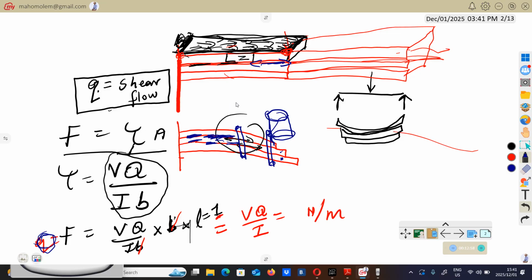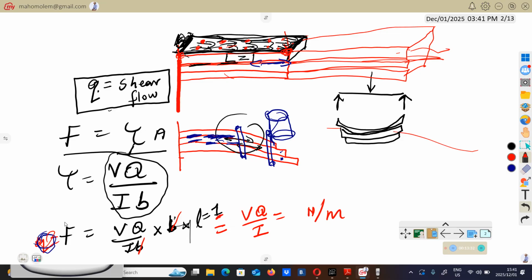So if the force that will be generated here is going to be too big, then you'll need more bolts or nails. Then you can put more like this. You can put the nail there, nail there, nail there, nail there. But how many or how much you'll need will depend on this force that will be created, which is this Q. So that's why it's very important to calculate Q first.